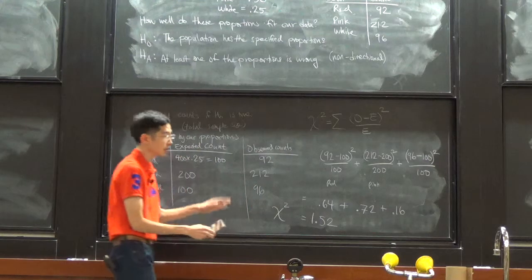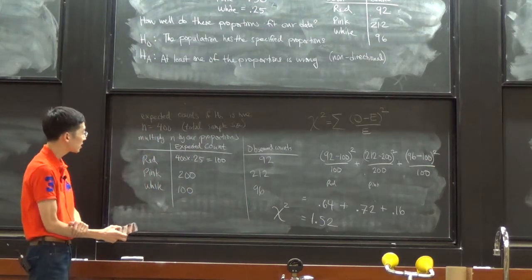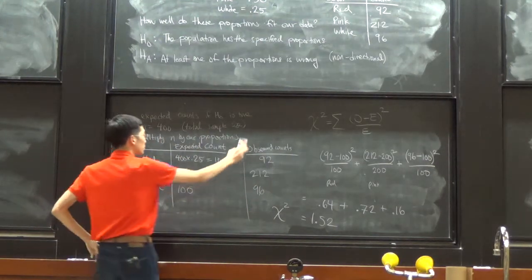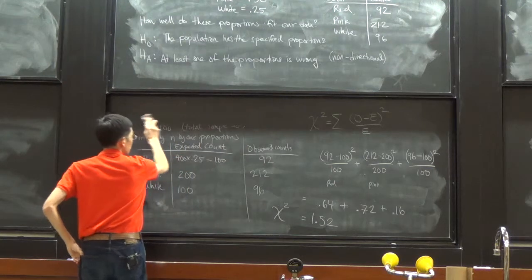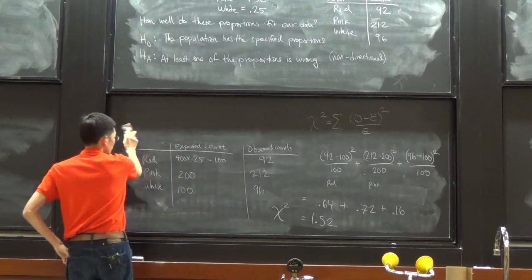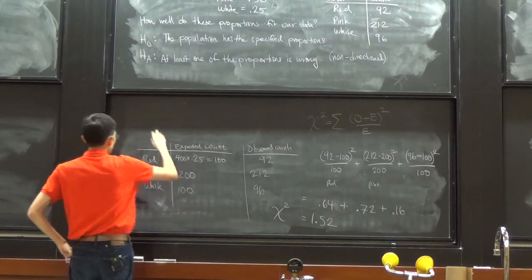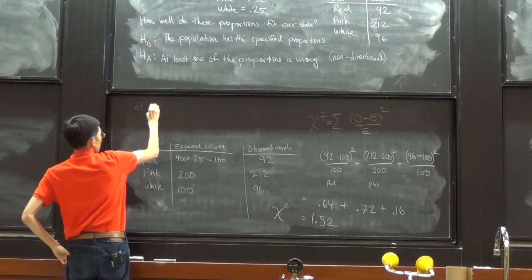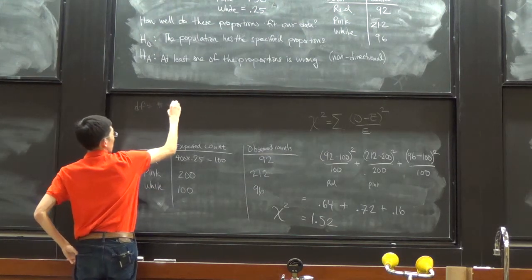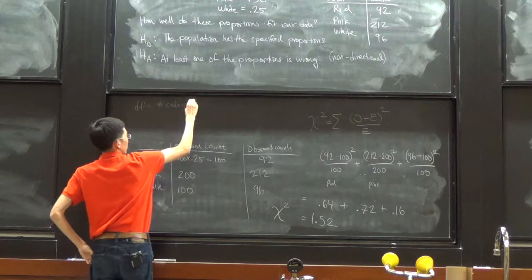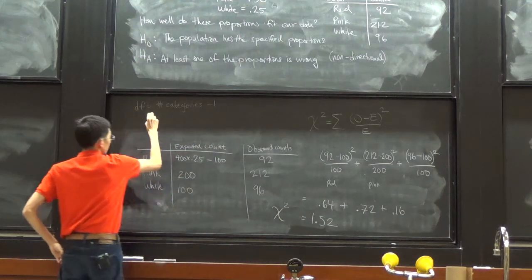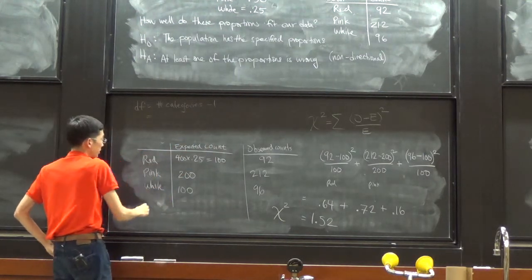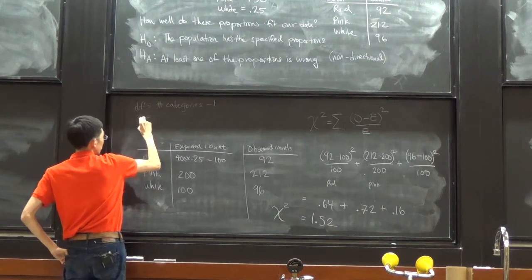Okay, so for the chi-square goodness of fit test, the degrees of freedom is the number of categories minus 1. So how many degrees of freedom do we have here? 2. Okay. So I have 3 colors, red, pink, and white.